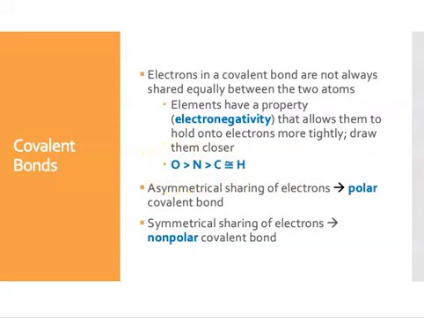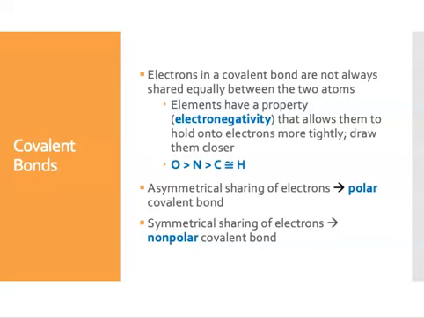Now, when two atoms come together and form a covalent bond, and those two atoms have differing electronegativity, we're going to see uneven or asymmetrical sharing of electrons in that bond. And this is what we call a polar covalent bond.